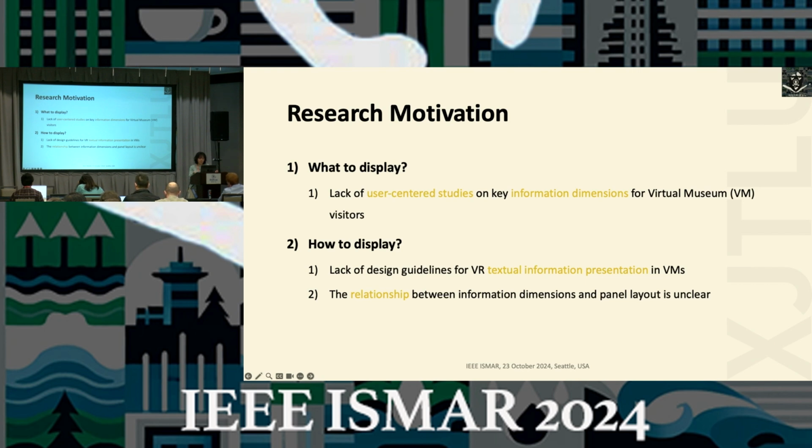Current artifact guidelines primarily focus on content recommendations, but often neglect spatial layout, especially in virtual reality environments where design complexity is higher. Crafting effective textual information layouts in VR is particularly challenging due to this complexity and the lack of clear direction in existing guides. Additionally, there is little understanding of the relationships between artifact information dimensions and spatial layouts of information panels in virtual museums.